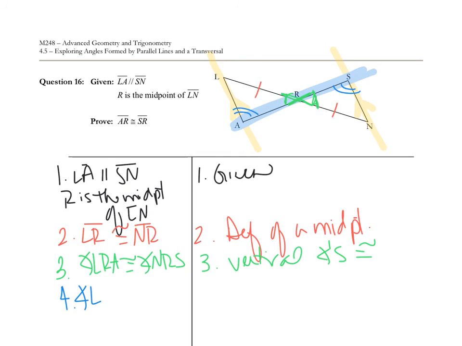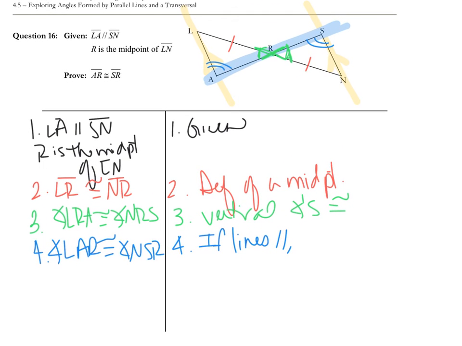So angle LAR is congruent to NSR. And we would say if lines parallel, and yes, you need to write this out because you're learning this for the first time, then alternate interior angles are congruent.